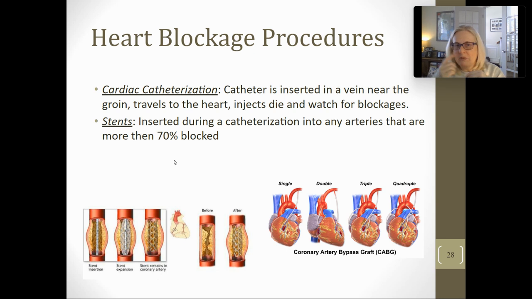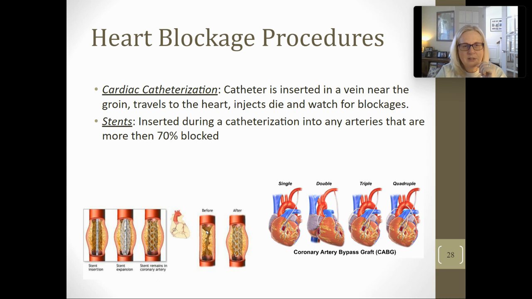So it's a little device. You can see this picture down below that they slide in. It's all squished down really tiny at first, and it looks kind of like those handcuffs you just stick your fingers in and can't get out. They squish it down real small and place it into the blood vessel.